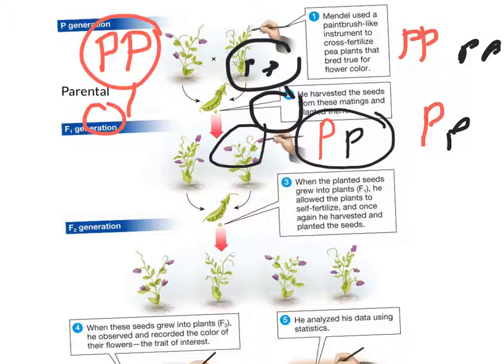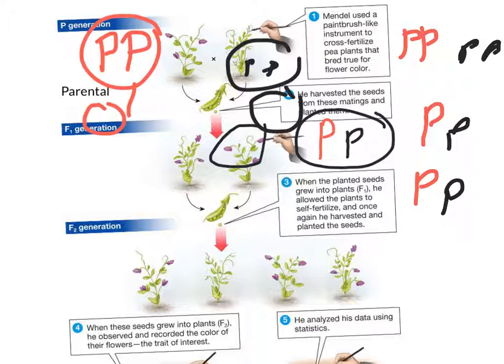And then these crosses, P, right, end up, when they planted the seeds that grew into F1 plants, he allowed those plants to then self-fertilize and produce the F2 generation.